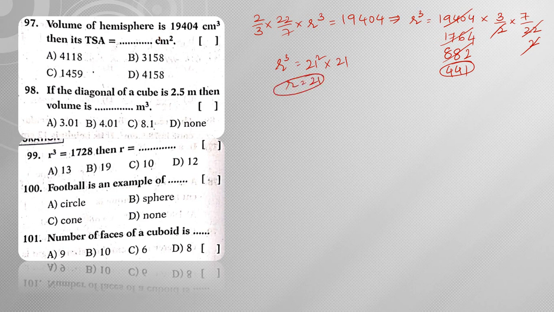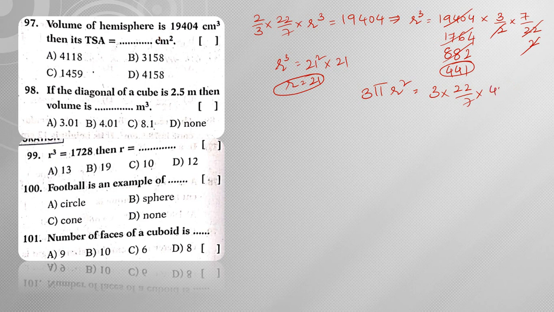Radius is 21. Now I need to find out total surface area. Total surface area of hemisphere is 3 pi r square, which is nothing but 3 into 22 by 7 into r square. So r square is 441.